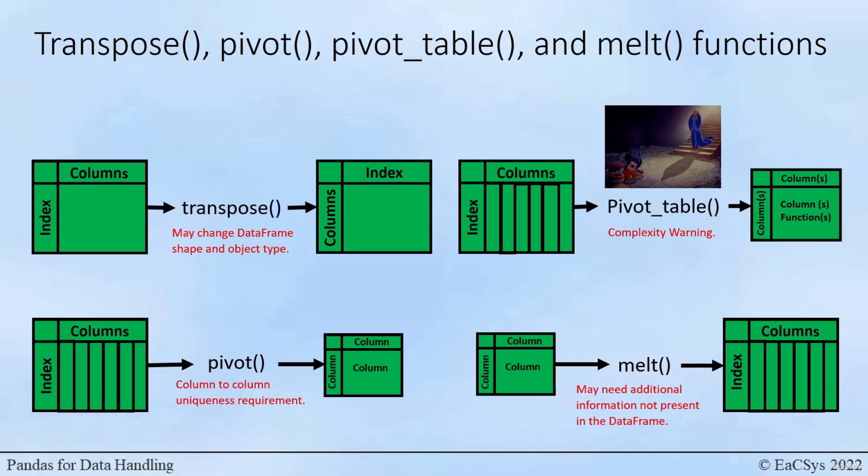This is because a lot of information is lost when you pivot a data frame. And when you use the melt function, you select the columns you want to unpivot, and you may need to select identifier variables and, for example, provide data on variable names and similar items.